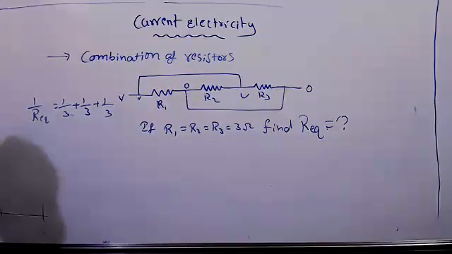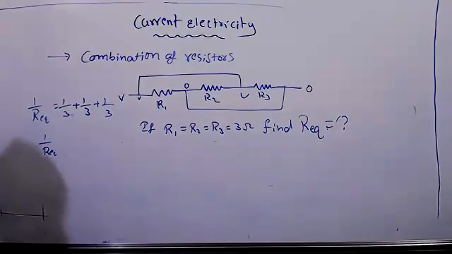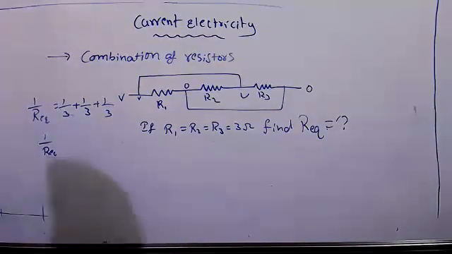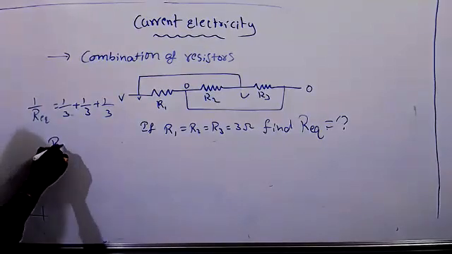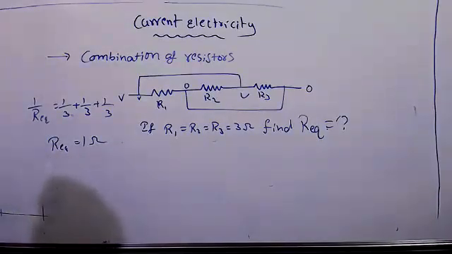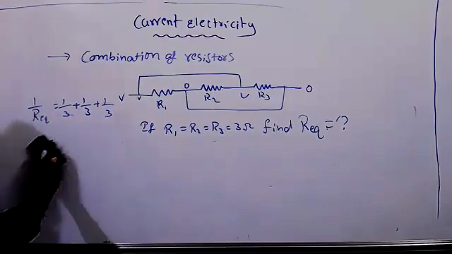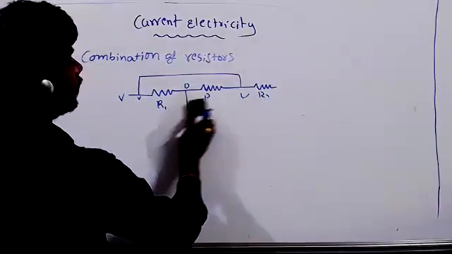You will get 1 by R equivalent equal to 3 by 3, so R equivalent equals 1. It is the one method. One more method, try to solve this method.